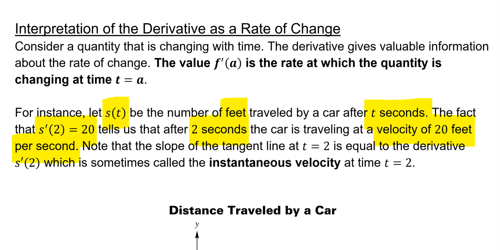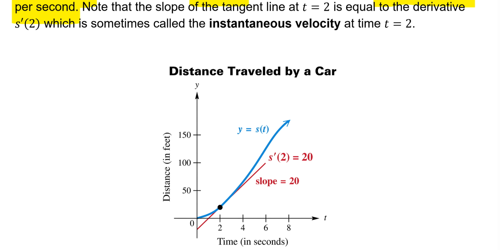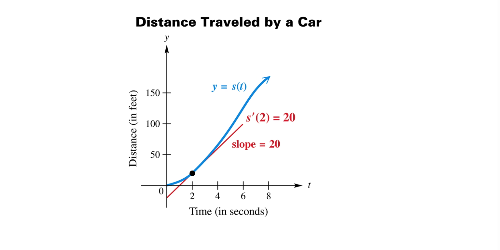So finding the derivative of position is actually going to tell us velocity. Because remember, think about the derivative as a slope. And if we think about the graph, to make it a little bit visually easier, let's say we have this graph where the x-axis is time in seconds, the y-axis is distance in feet.